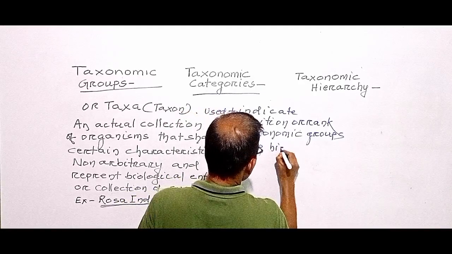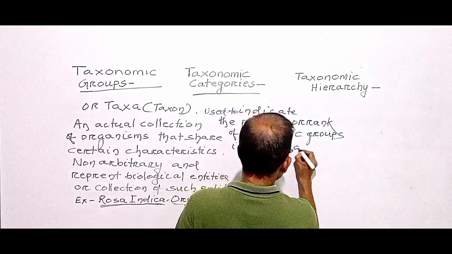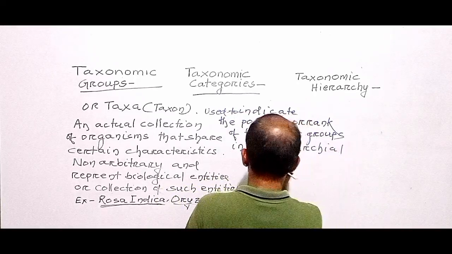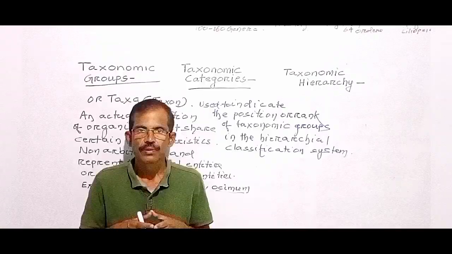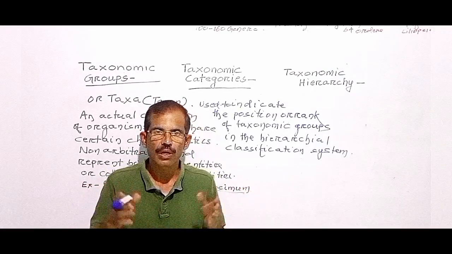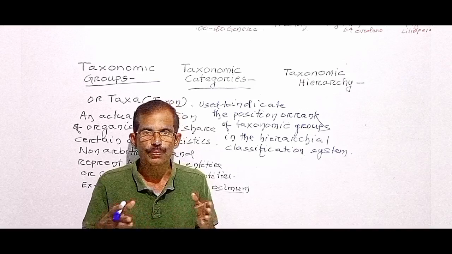In the hierarchical classification system, these categories are the hierarchical levels used to organize taxonomy groups.